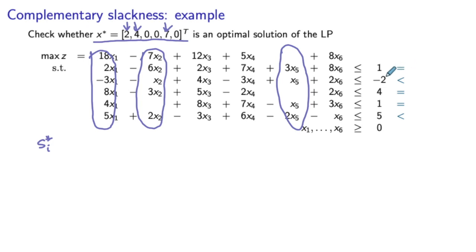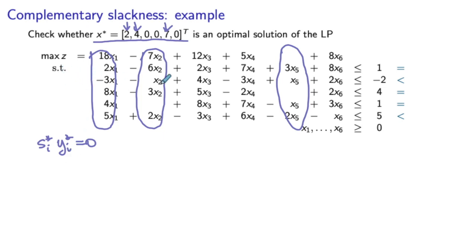Then we can do the same and verify for all the constraints that the second constraint is going to be non-binding, the last constraint is going to be non-binding, but the rest of the constraints are binding at this x star. Whenever the constraints are non-binding, because we know that si star yi star is equal to 0 from complementary slackness, this means that whenever si star is greater than 0, yi star is going to be equal to 0.